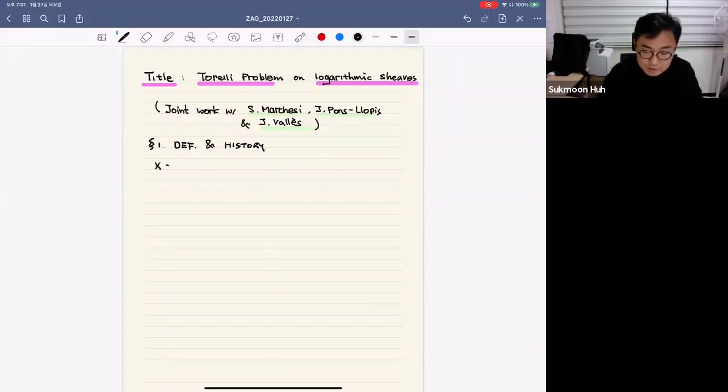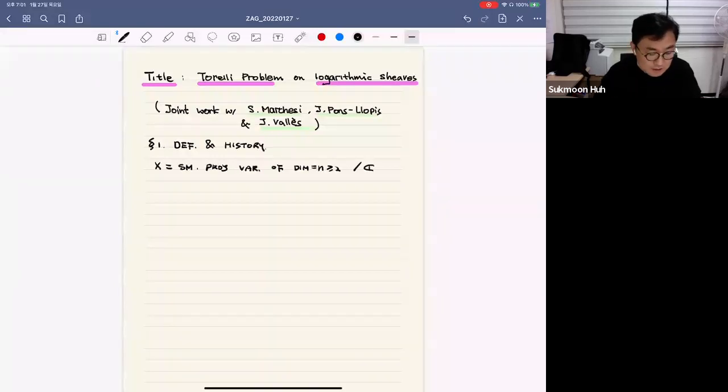So I'm going to fix X to be a smooth projective variety of dimension n at least 2. And I'm going to fix our base field to be the field of complex numbers.